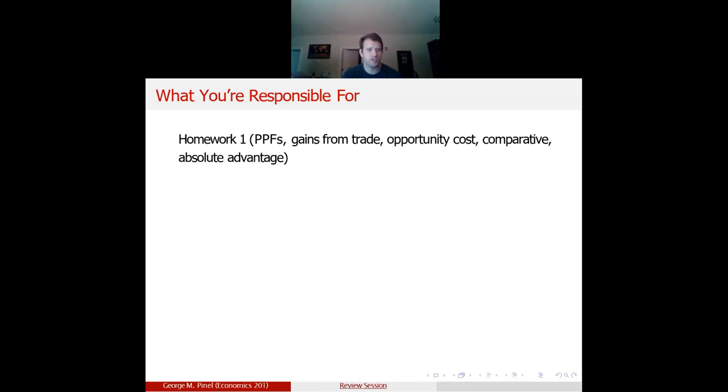Comparative advantage basically means you're able to do things more efficiently, so you're able to make more masks per bottle. That means you have comparative advantage in masks. Alternatively said, you have a lower opportunity cost of masks. So you always want to start them off with the thing that they have comparative advantage in. Absolute advantage just means you're able to make more masks per hour or make more bottles per hour.